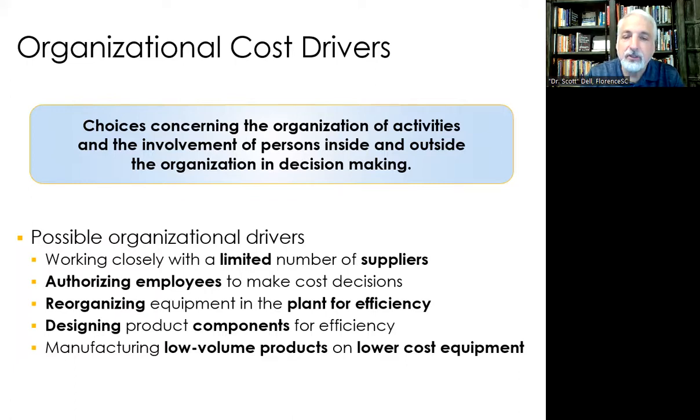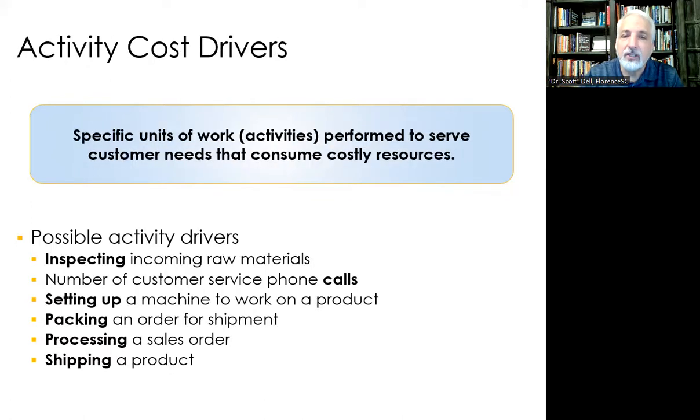And then there's manufacturing low volume products on the lower cost equipment and maybe some higher volume products. And there's a tendency or a trend towards more machinery, less labor, more fixed costs, less variable direct labor that goes with that. And then we have our activity cost drivers.